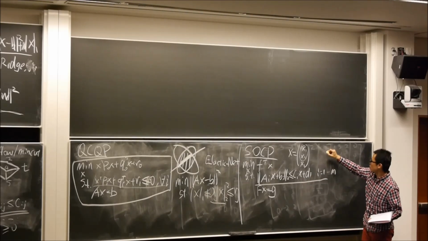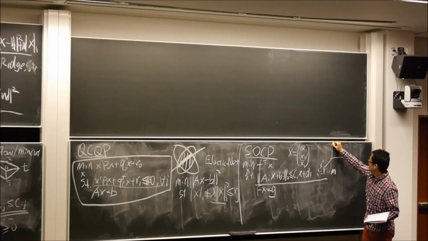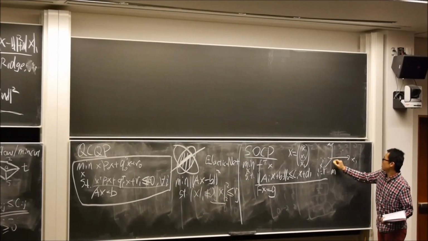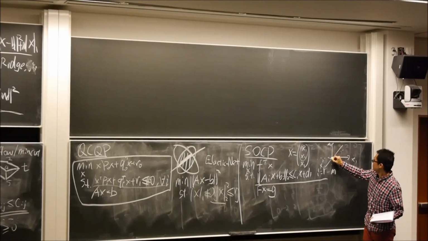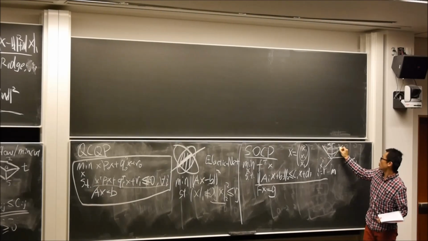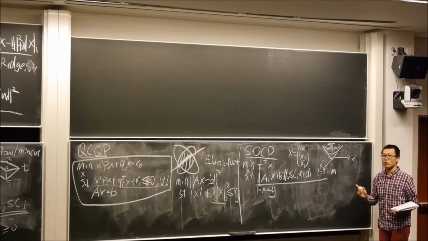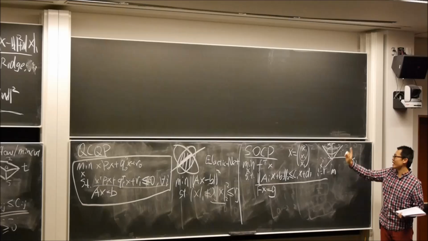So this constraint will look like this: x1, x2, x3. This is just a coordinate system. Can you all see this is a cone? This is a cone pointing downwards, but with an opening going up.